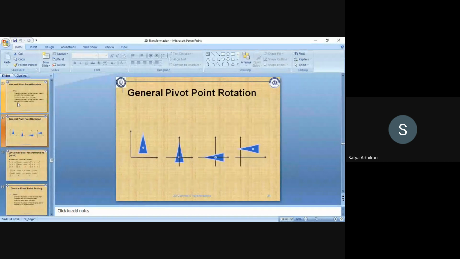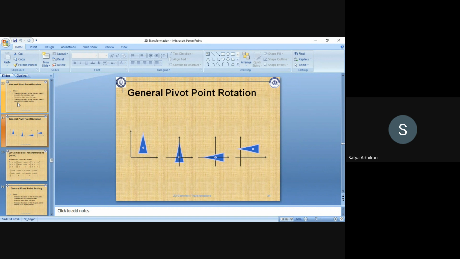You see, the first one is the original object, and you see the pivot point. It is a white dot inside the triangle. I want to rotate the object about it. The pivot point means it will not change. The other points of that object will be changed, because there are a lot of points inside that triangle.